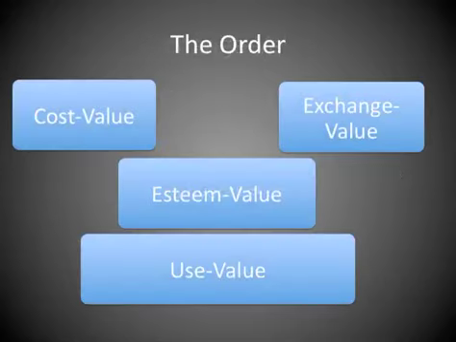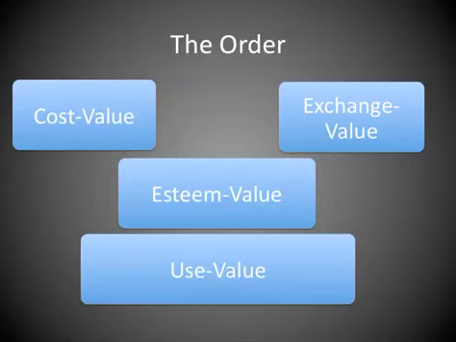Okay, there is a very important order to these 4 things. Everything in terms of economic value is based upon use value, the value of the thing to be used. Esteem value comes from the fact that we can use an item. Then we have cost value and exchange value.